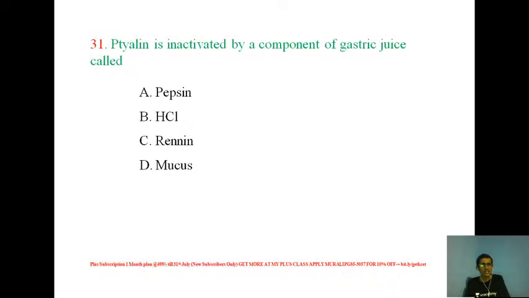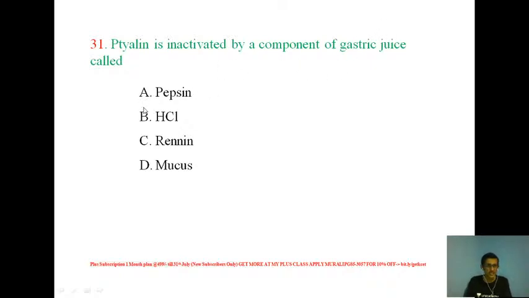And the next question, the 31st question. Ptyalin is inactivated by a component of gastric juice called what? What is ptyalin? Do you know the alternate term for ptyalin? If you know the answer, you can give it.